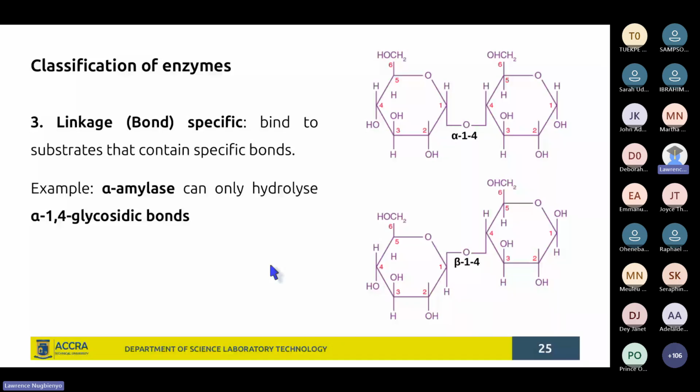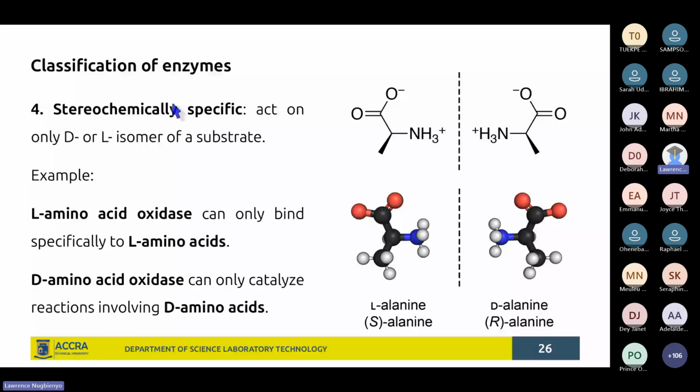And then we did also talk about L isomers and D isomers. So if we take, say, L-alanine and D-alanine, you see that you have some enzymes, what we refer to as stereochemically specific enzymes. You will have L-amino acid oxidase, which will be catalyzing the oxidation of only the L isomer of the amino acid.